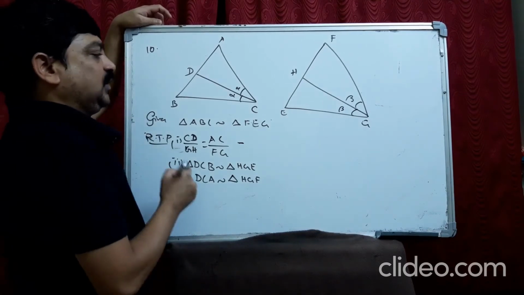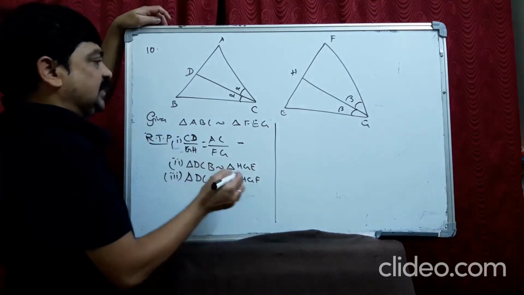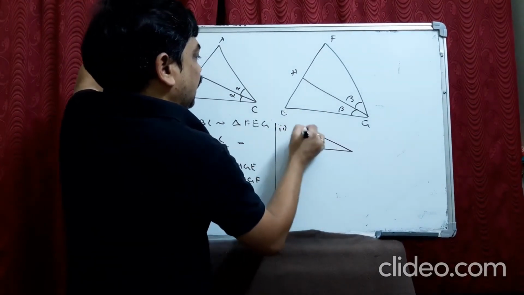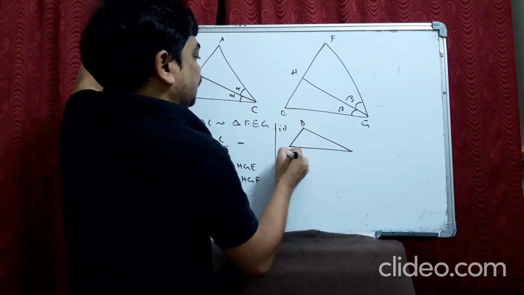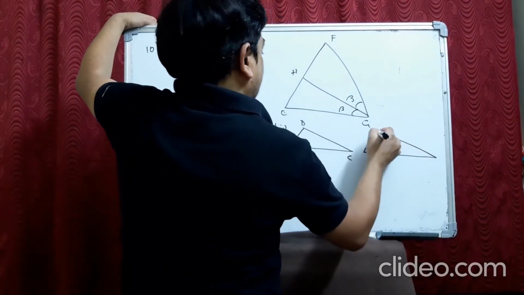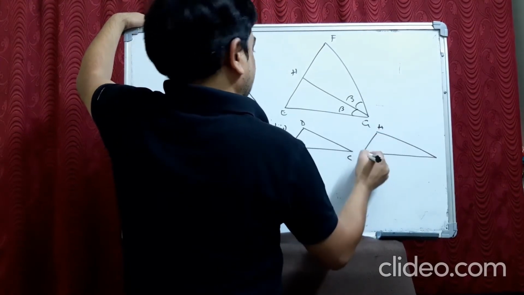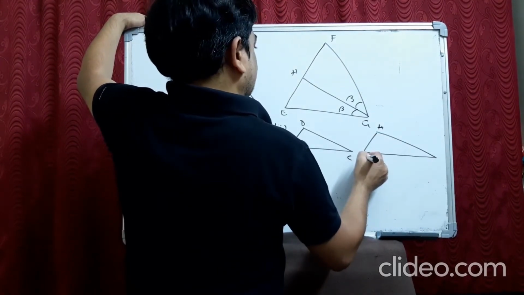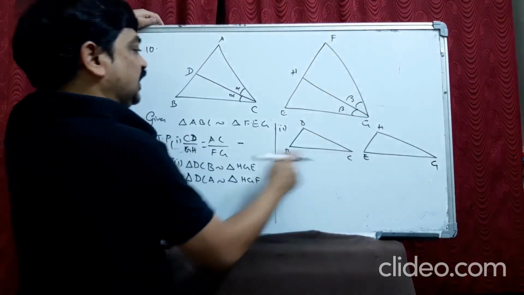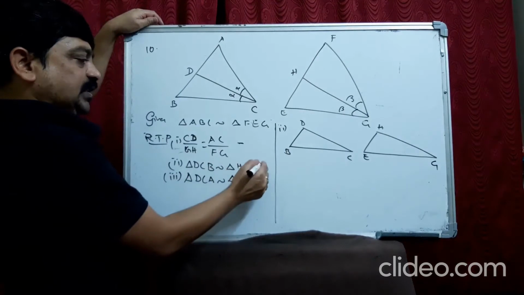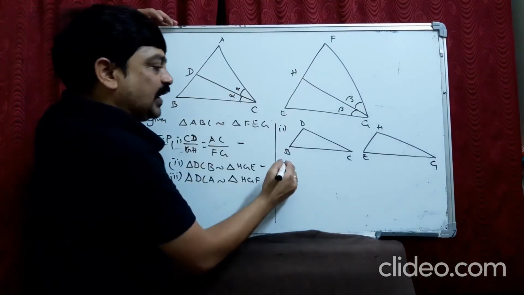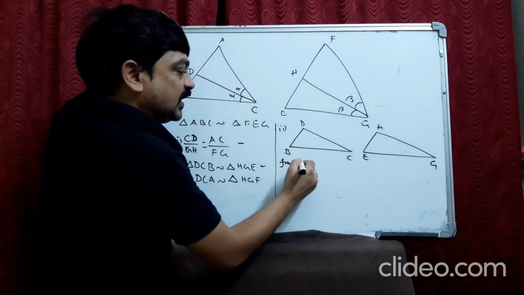Now I draw this triangle DCB. Second one I am doing, triangle HGE. See guys, these two triangles are similar. When two triangles are similar from the given, what you can say?